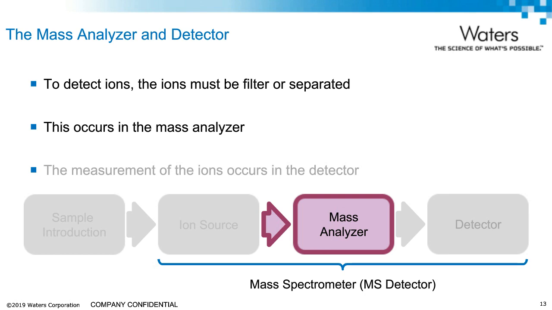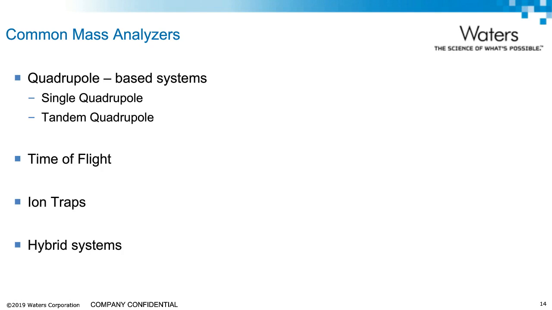There are a number of commercially available mass spec systems, but the most common types seen in laboratories are quadrupole-based systems, that is either single or tandem quadrupole, time-of-flight-based systems, ion trap-based systems, and hybrid systems, which use some combination of these mass analyzers.